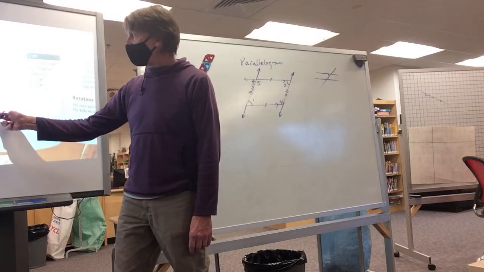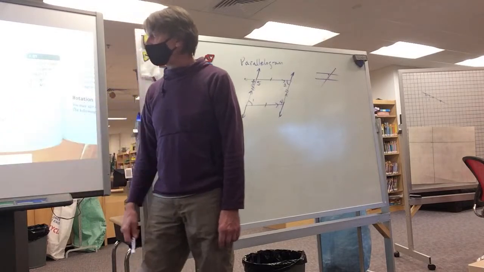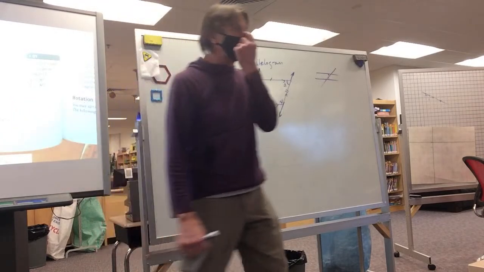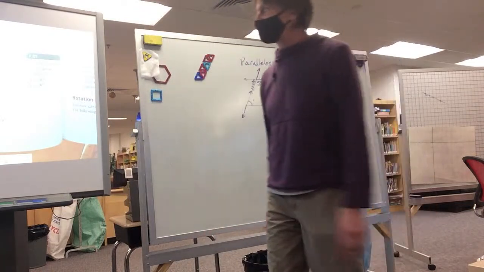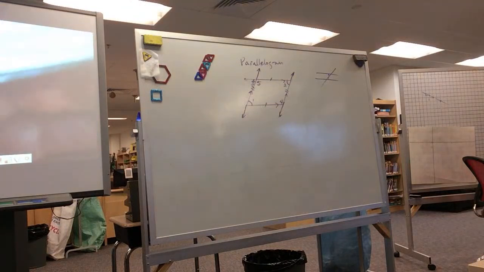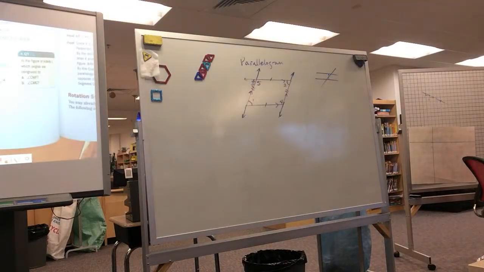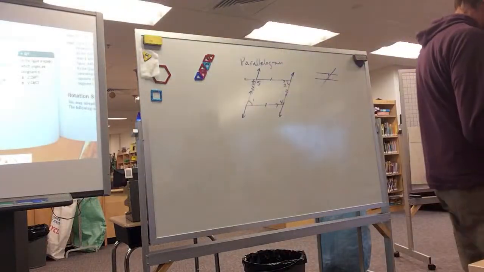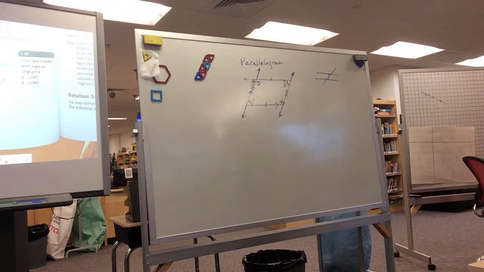So how about from F to M? If you took what you folded here, would you be able to fold it so that B and D are on top of one another?